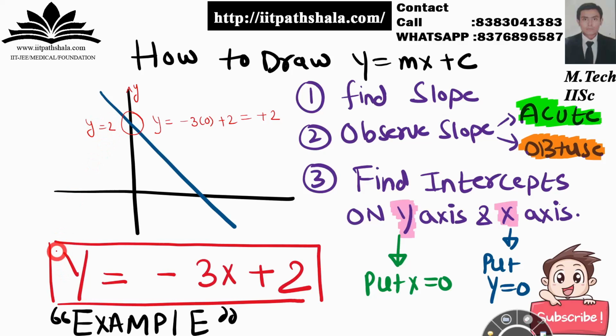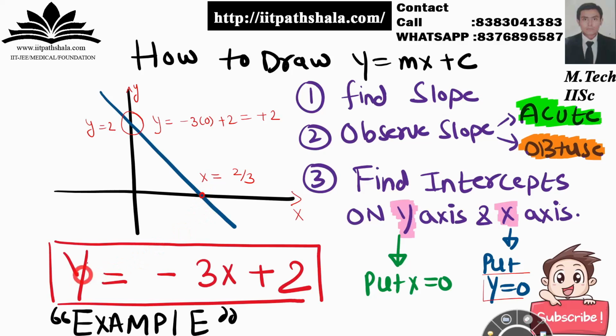Fine with that? Now if you want to find the x-axis intercept, you will simply put y equal to 0, because this is the line of y equal to 0. So after putting y equal to 0, I have my x as 2 by 3. So this is the value of x at this point.